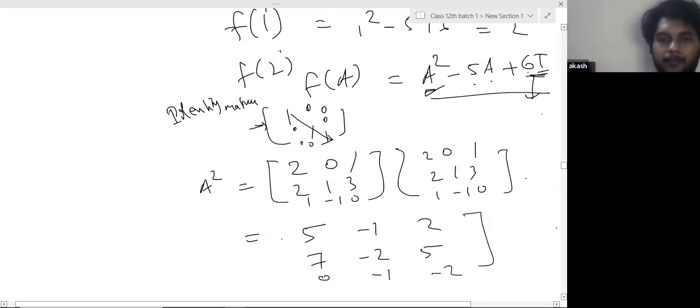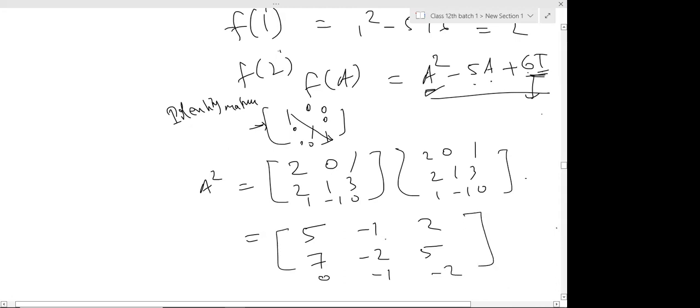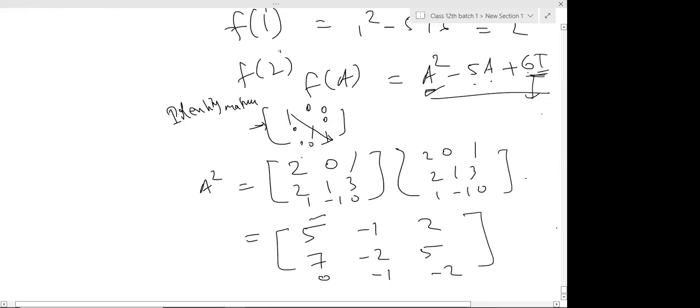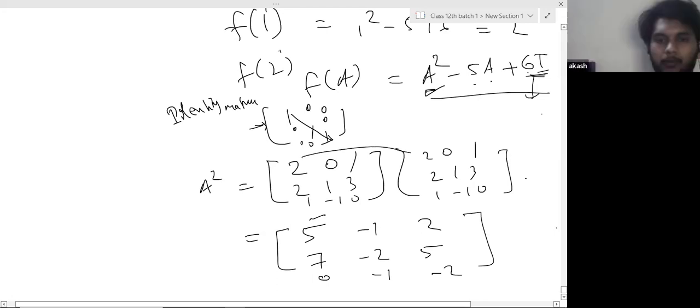Is this right? Yes, sir. In A squared we are getting the first element should be 4 plus 6, right? This element you are saying? Yes, it should be 4 plus 2 into 2 is 4, and 0 into 2, right? This row and this column.